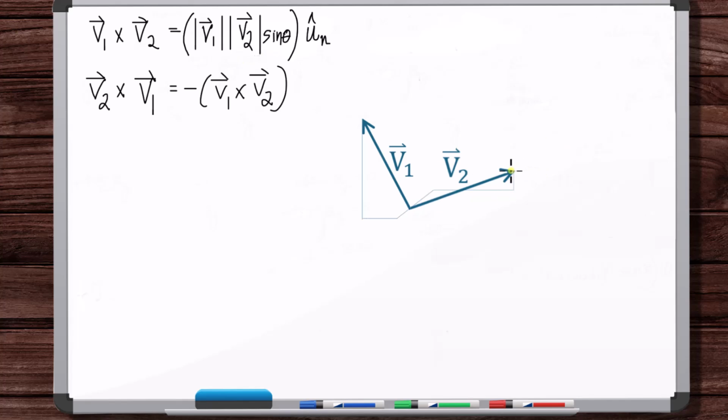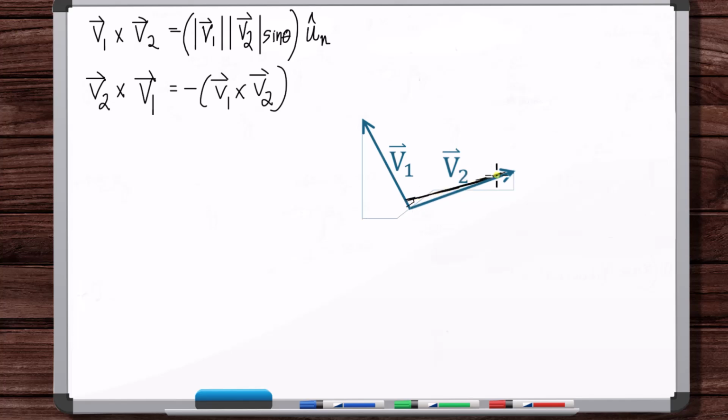Well, if we think about the projection of V2 onto the line of action of V1, let's say this theta is acute, so we'll be coming inside the vector V1 onto the vector V1 here. Okay. Well, this is the projection of V2 onto V1, the scalar magnitude. Okay, but since this is sine of theta instead of cosine of theta, then V2 sine of theta is this distance.